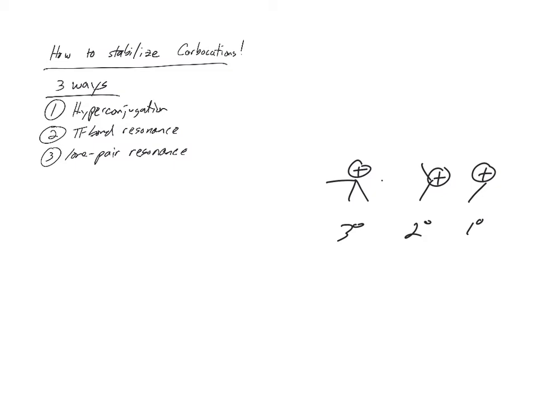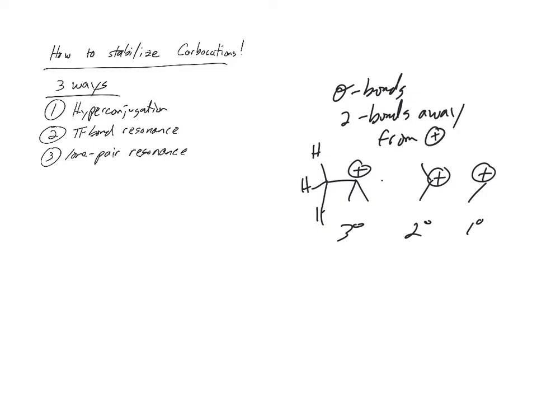Hyperconjugation talks about these sigma bonds that are 2 bonds away from the carbocation, or from the plus charge. These sigma bonds can help stabilize that carbocation. And the more sigma bonds that you have 2 bonds away, the more stable your carbocation can be.